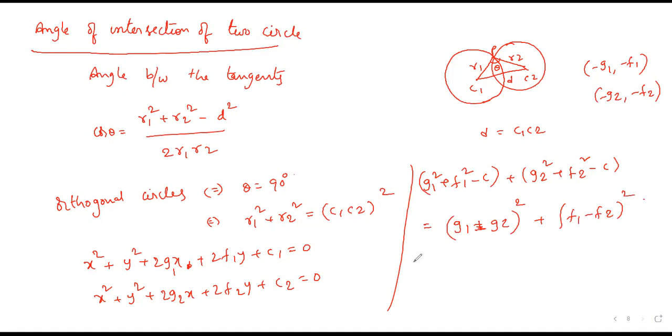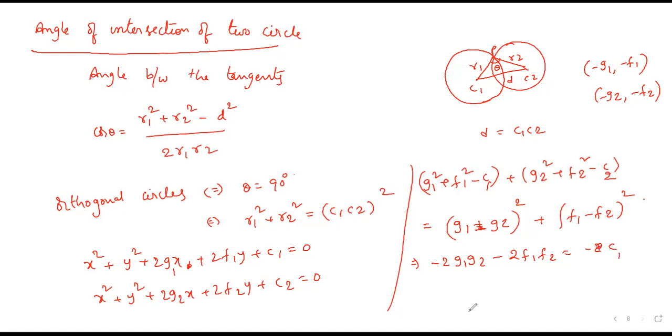So by simplifying, the g1 square, f1 square, g2 square, f2 square cancel. Here you will get minus 2g1g2 minus 2f1f2 equals minus c1 minus c2, and the remaining terms will cancel.